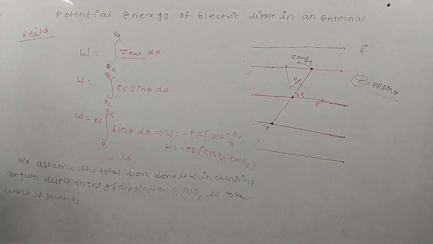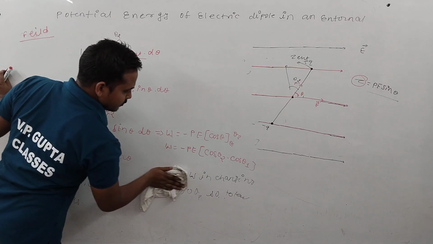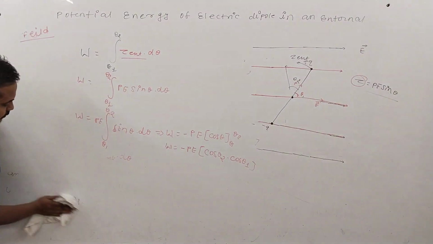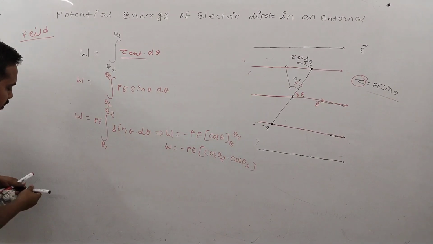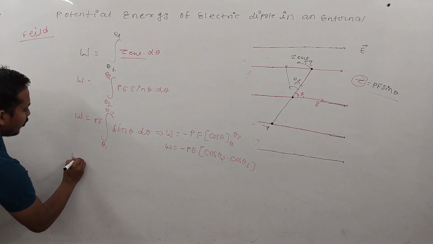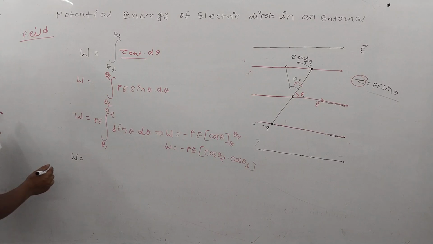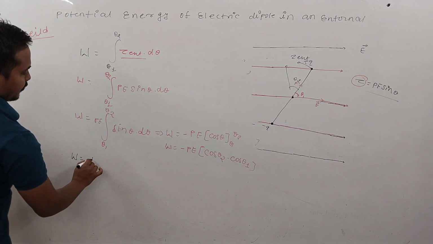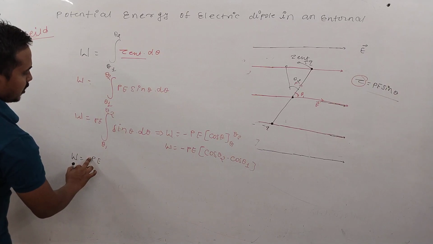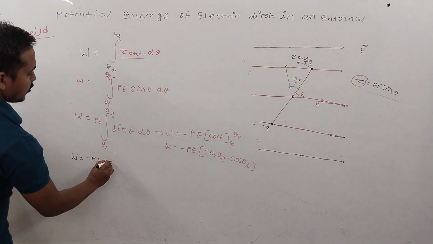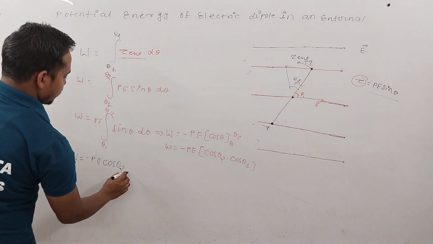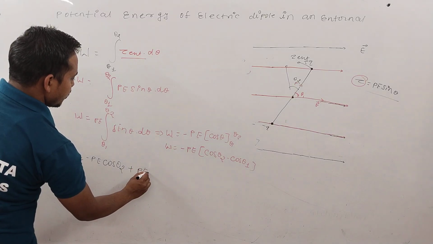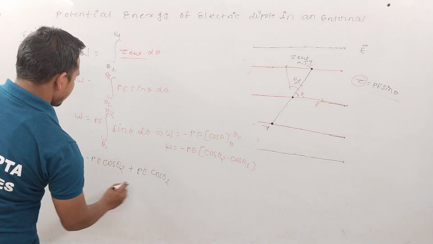Now w is equal to minus Pe cos theta 2 plus Pe cos theta 1.